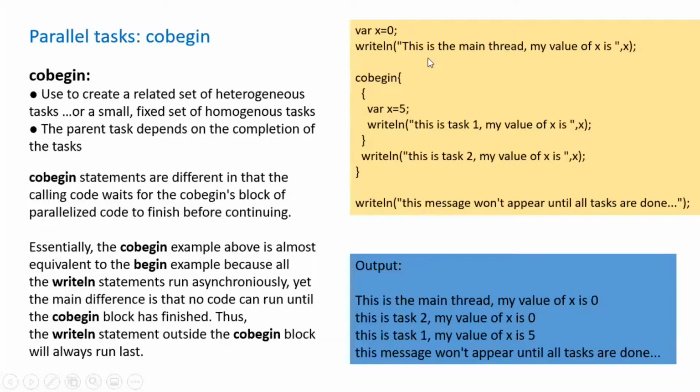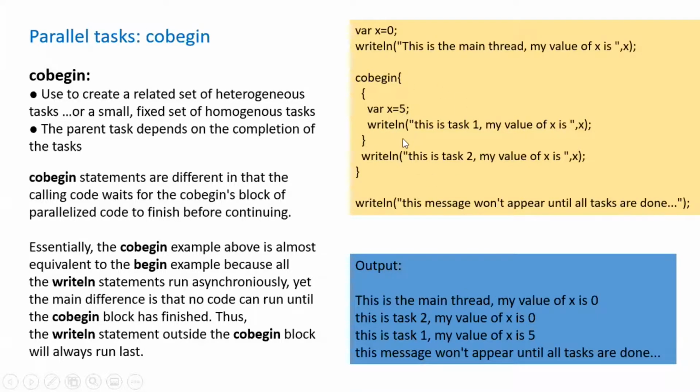You can see this piece of code. The main thread will run this, and in the cobegin block, this part will be run by one thread and this part by another thread. And then this is the main thread. So you can find the main thread prints its last lines because it has to wait for this part to finish.